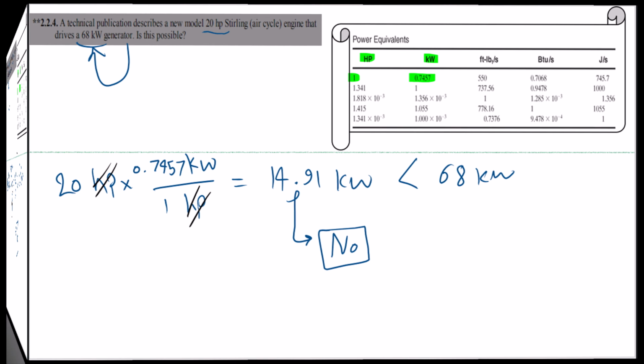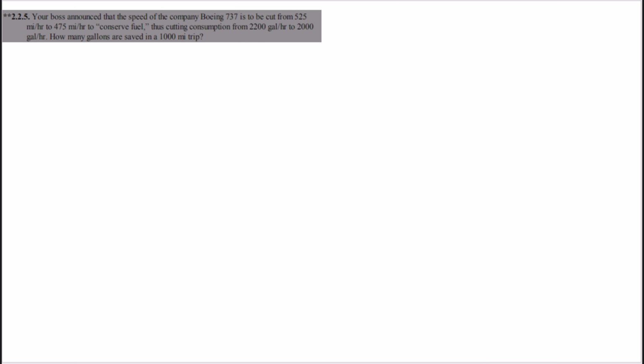Let's go to the next question. It says that your boss announced the speed of the company's Boeing 737 is to be cut from 525 miles per hour to 475 miles per hour to conserve fuel, thus cutting consumption from 2,200 gallons per hour to 2,000 gallons per hour. How many gallons are saved in a 1,000-mile trip? Let's get started.